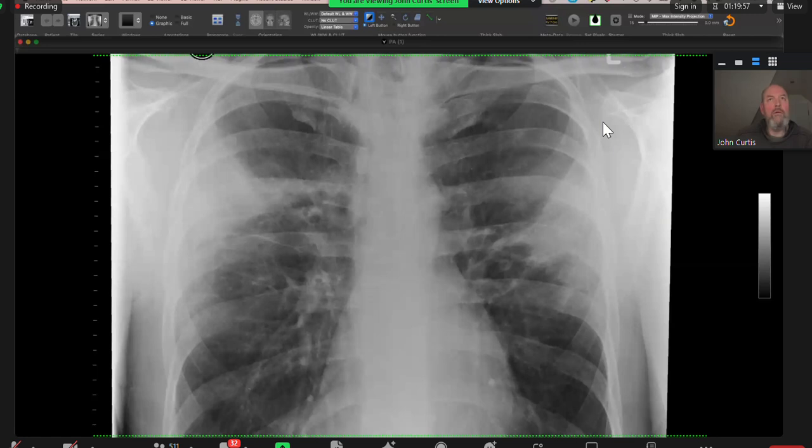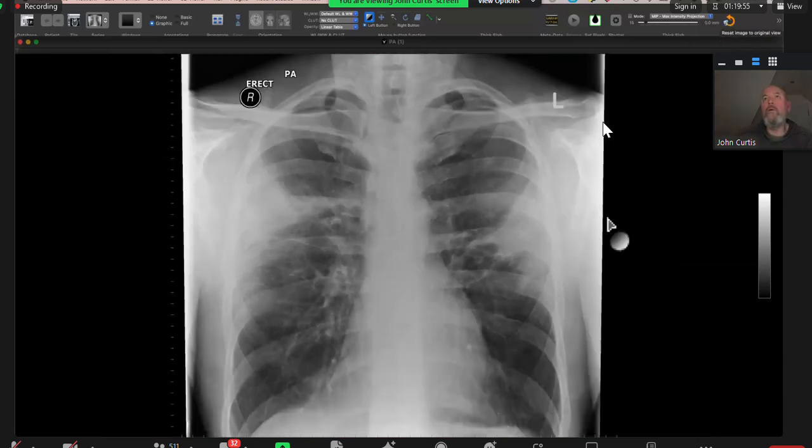Okay, so I'm presented with a chest radiograph. Patient's wheezy. Okay, fine. So presented with an adult PA chest erect radiograph. On this radiograph, I can see bilateral upper zone triangular peripheral increased density opacifications.